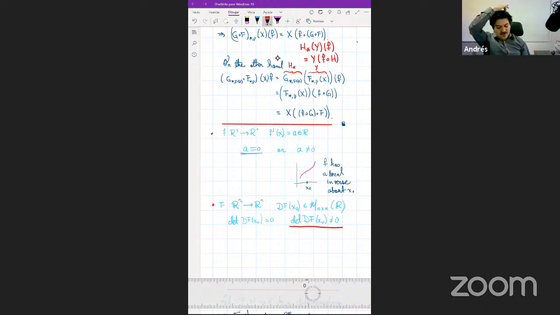So what we are doing is exactly the same for a function f of the same dimension.